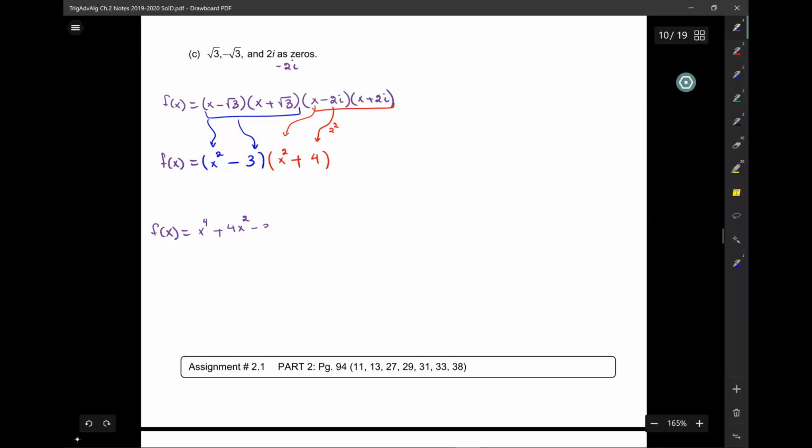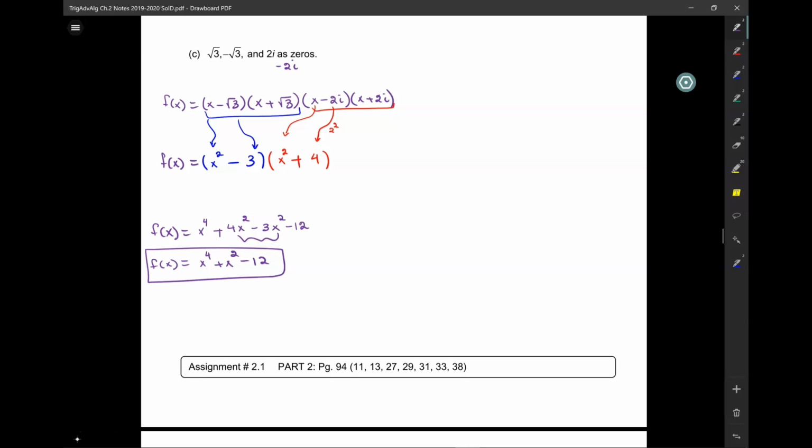Inner terms, negative 3x squared. Last terms, negative 12. And you have to see if there is anything you can combine, which it looks like there is. And here we go. Cool?